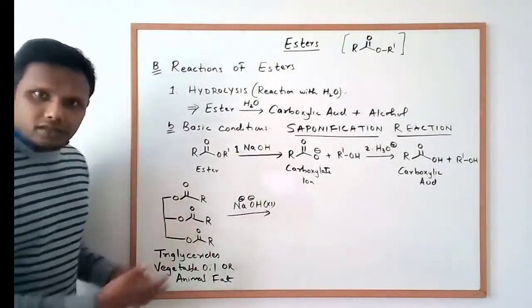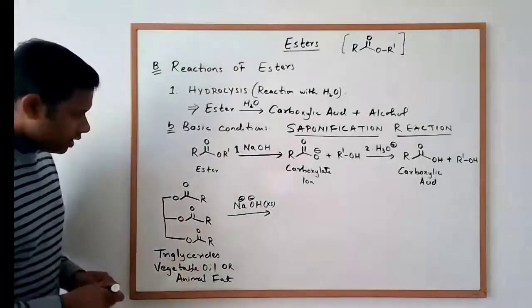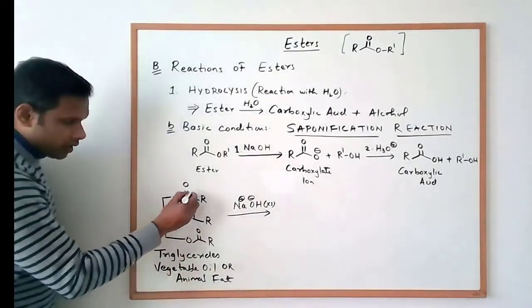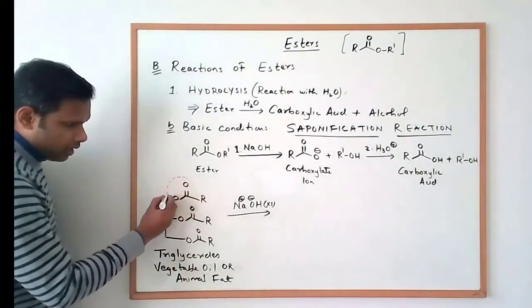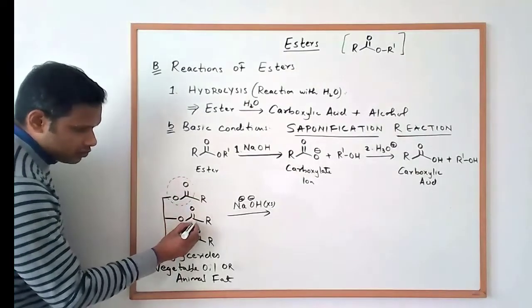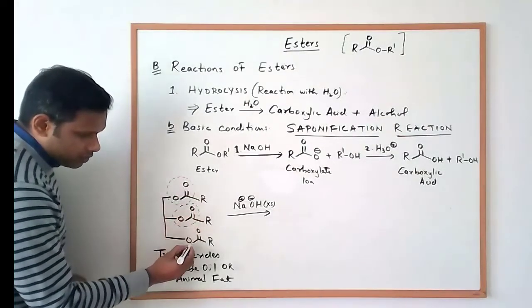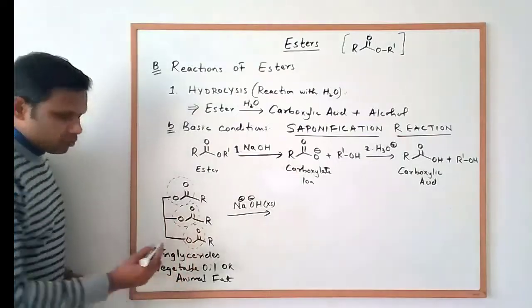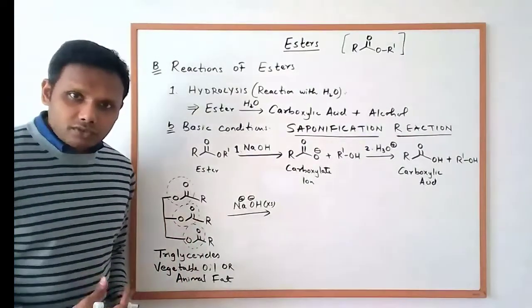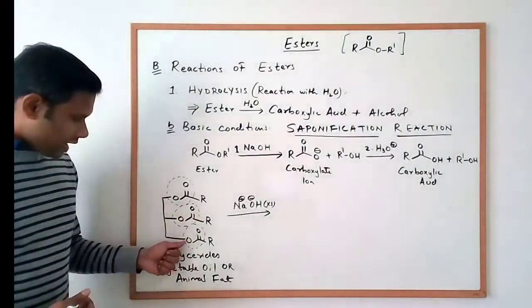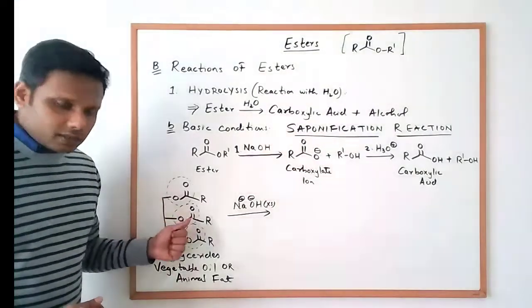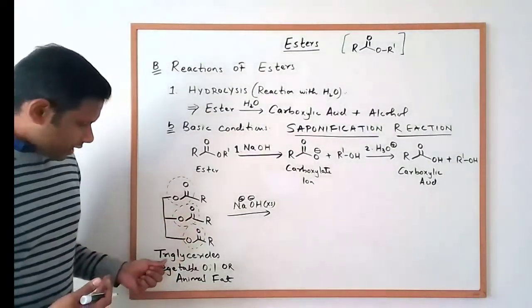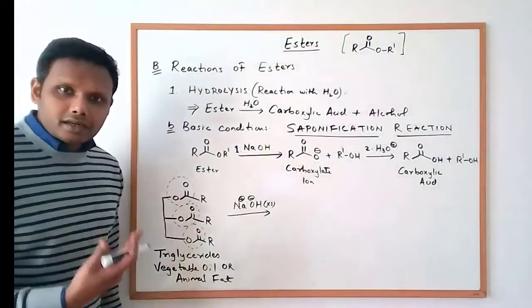Now it's drawn in a very weird way, sort of, but if you look at it, there are 3 ester groups in this molecule, okay? So it is basically a molecule with 3 ester functional groups, and the alcohol that is here is glycerol. That's why these are called triglycerides.